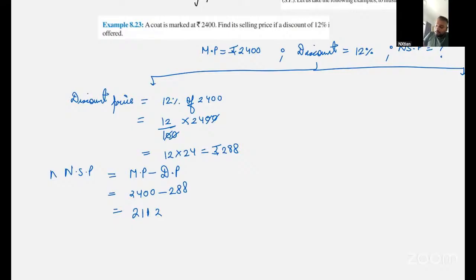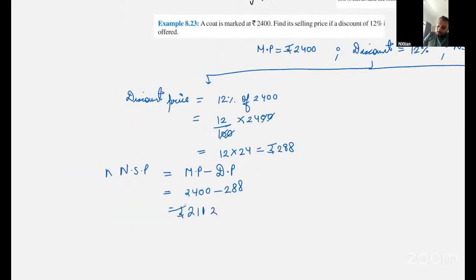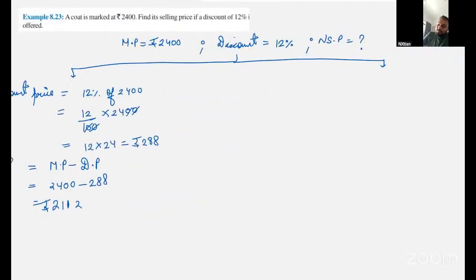Okay, so this is the first way. The second way is the same way, just a different approach. If I calculate the NSP, first the discount price. So I'll write market price minus discount price.